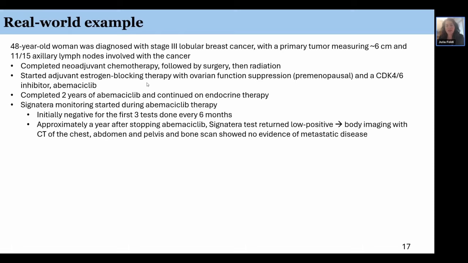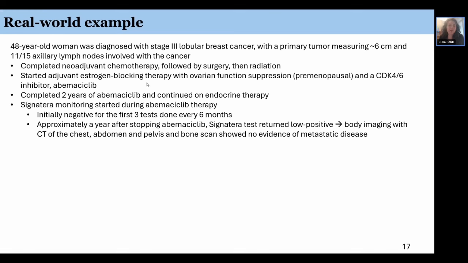She completed her 2 years of abemaciclib and continued on endocrine therapy. She did start Signatera monitoring during abemaciclib therapy. Initially had 3 tests done every 6 months that were negative, but approximately a year after finishing abemaciclib, her Signatera test returned low positive.